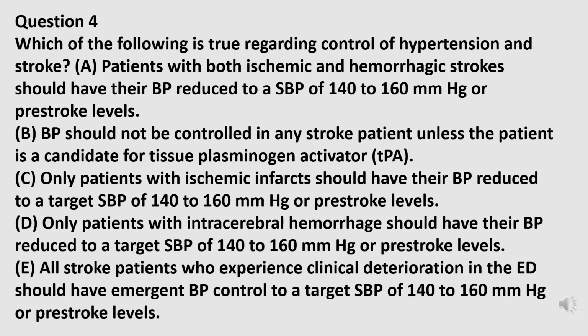D. Only patients with intracerebral hemorrhage should have their BP reduced to a target SBP of 140 to 160 mm Hg or pre-stroke levels. E. All stroke patients who experience clinical deterioration in the head should have emergent BP control to a target SBP of 140 to 160 mm Hg or pre-stroke levels.